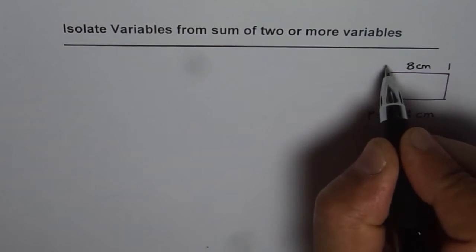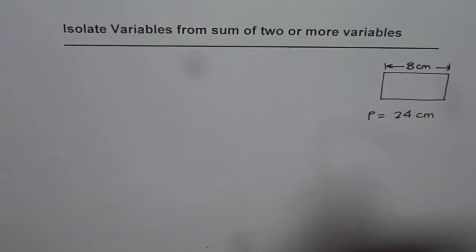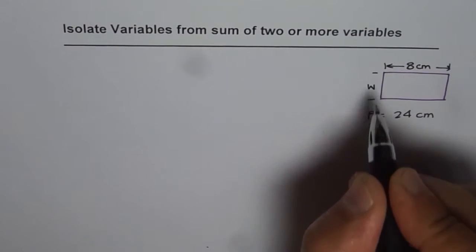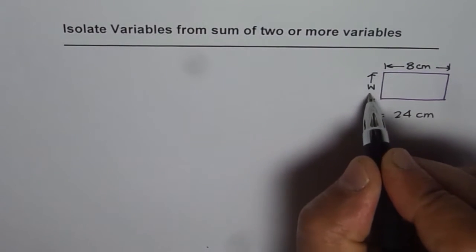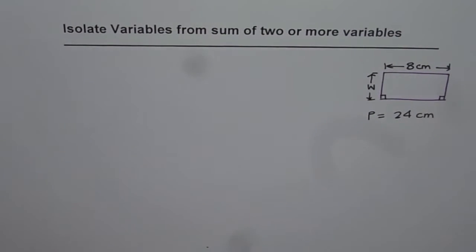That means one side of the rectangle is 8 centimeter. Question is, find the width, the other side of the rectangle. So that is the question before us. How are you going to solve this question?